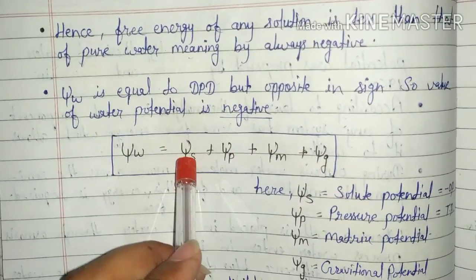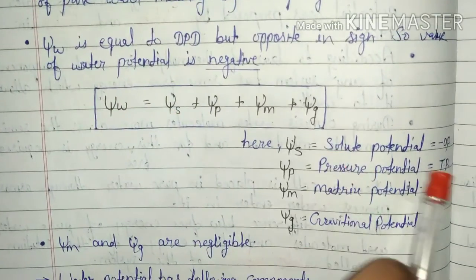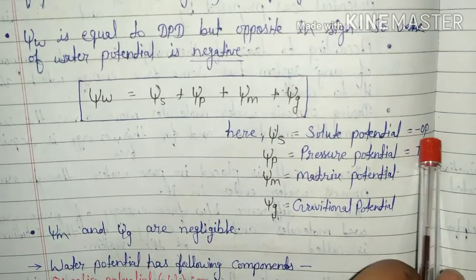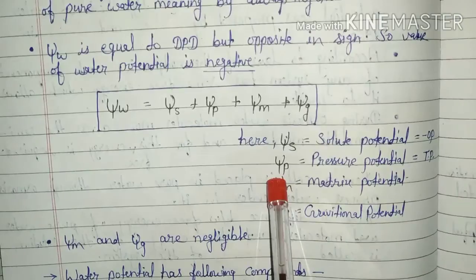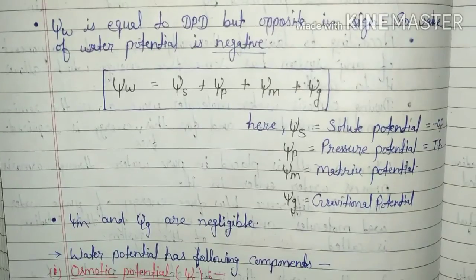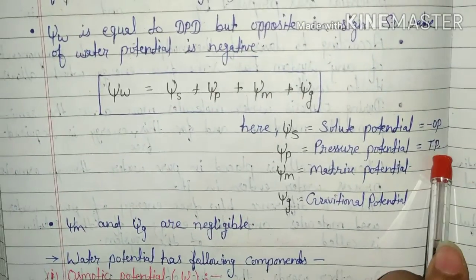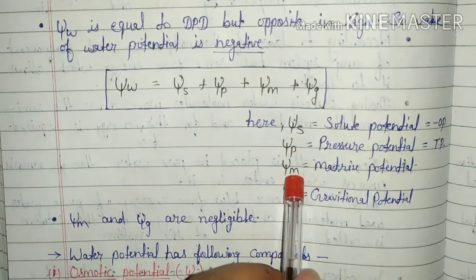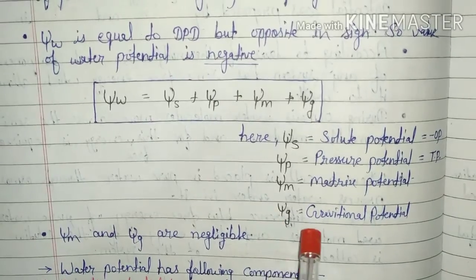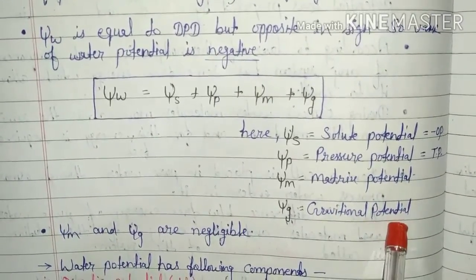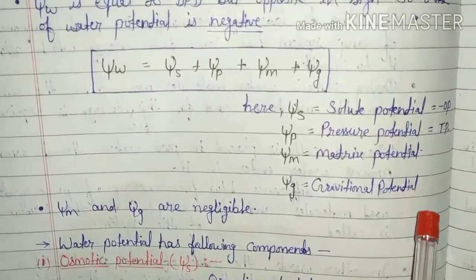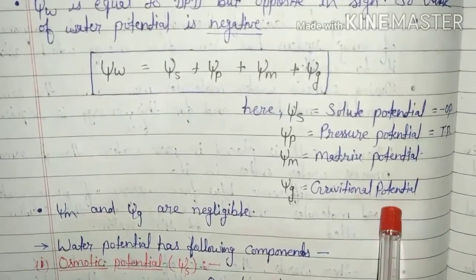Here psi s represents solute potential, equal to minus OP. Psi p represents the pressure potential, equal to turgor pressure. Psi m represents the matrix potential and psi g represents the gravitational potential. Psi m and psi g are both negligible.